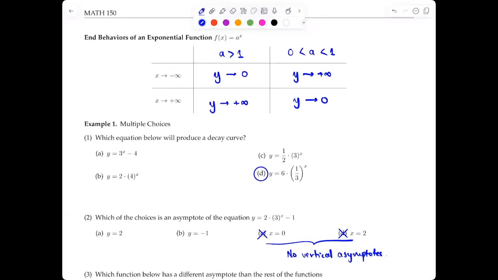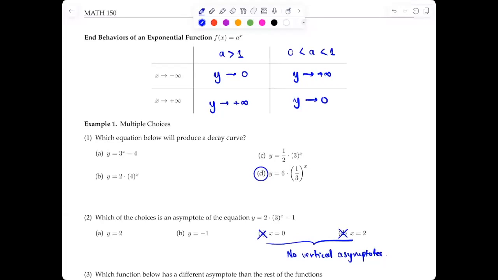Again, don't think about this function yet. Tell me, in general, how would you identify if a function is exponential growth? Like a greater than one, right? So a greater than one is growth.